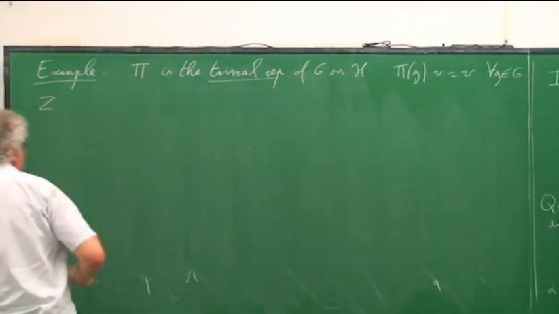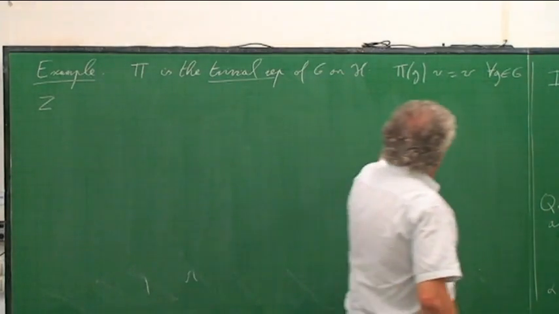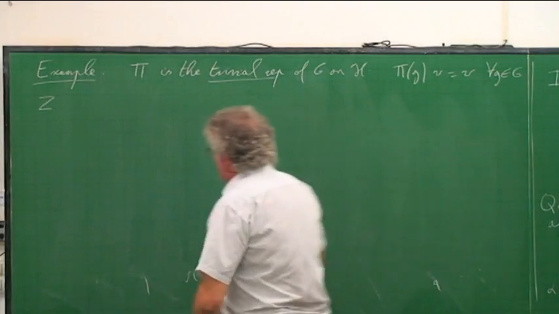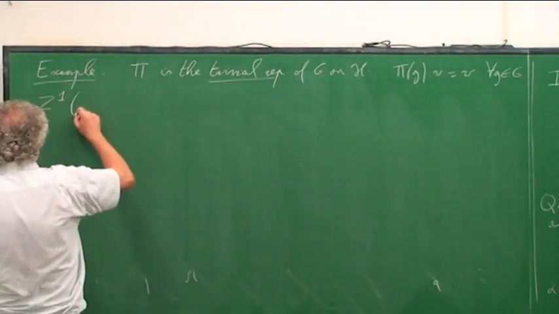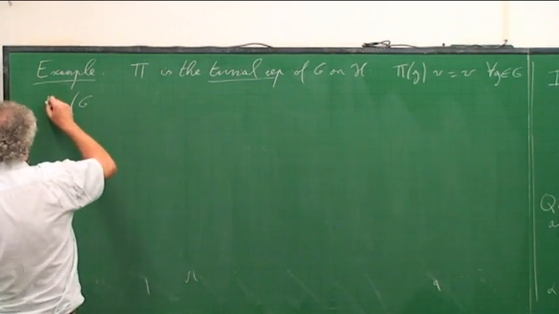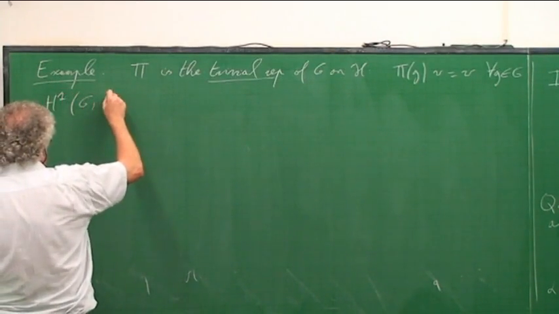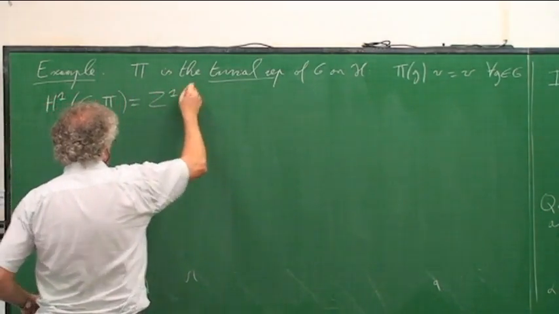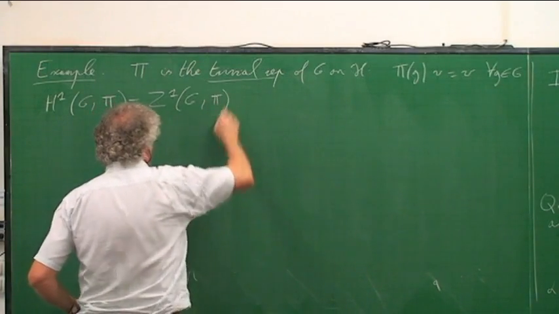Then there is no coboundary, since pi(g)v minus v is 0. So we have that H^1(G, pi) in this case is the same as Z^1(G, pi).